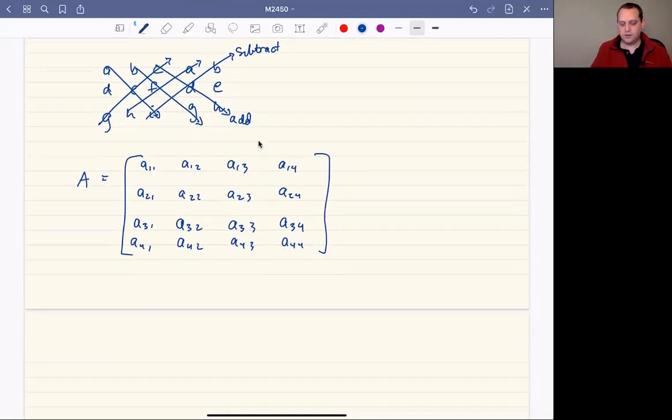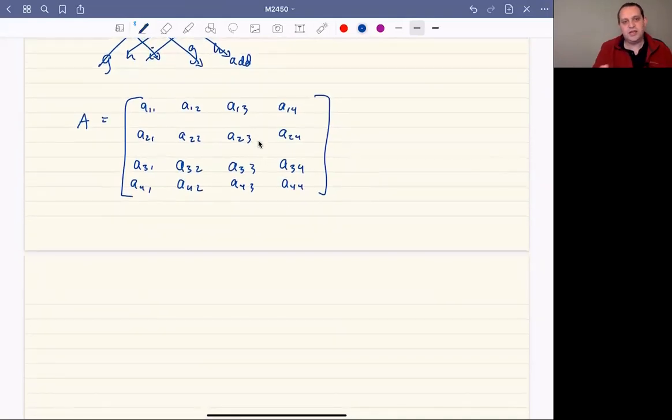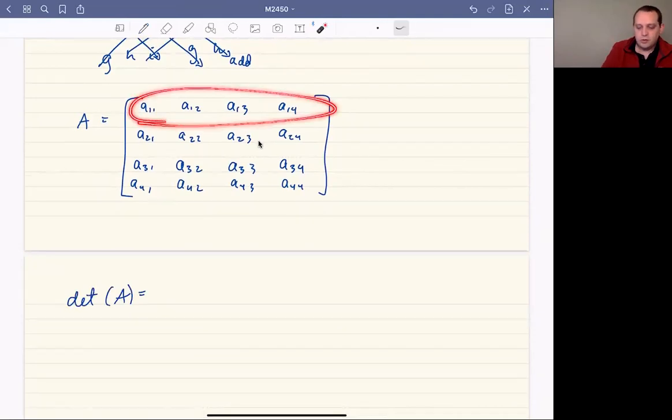So if I wanted to compute the determinant of this ridiculous matrix, we would do the same process again if we expanded along the first row.